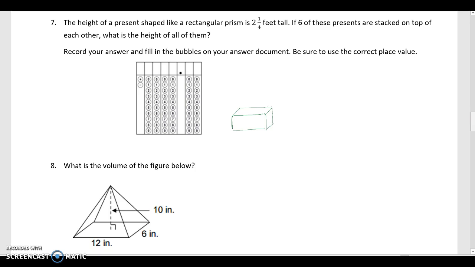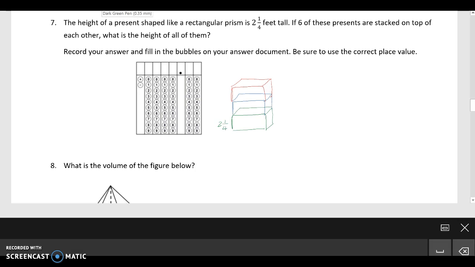And then you have another one stacked on top of it. And then another one, because you have 6 of them. 6 presents for Miss Fu. Okay, so 2 1/4 feet tall.